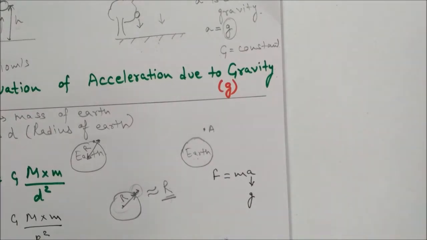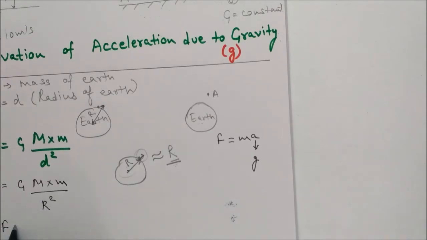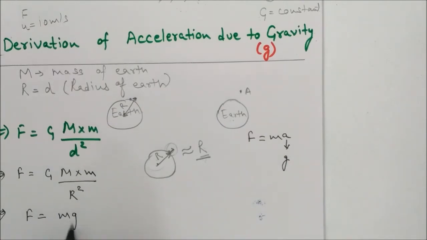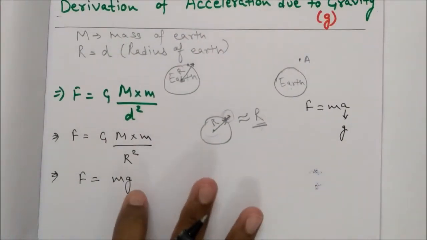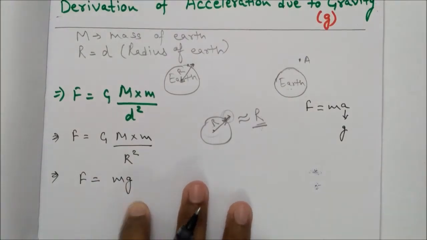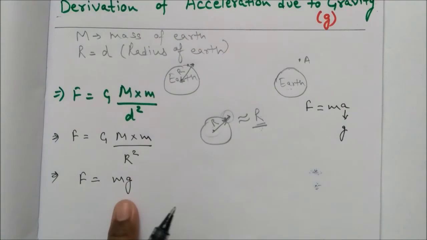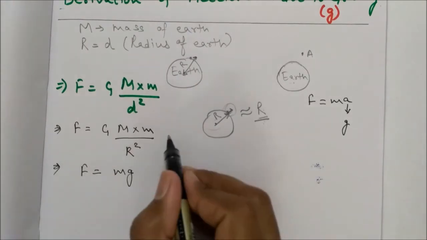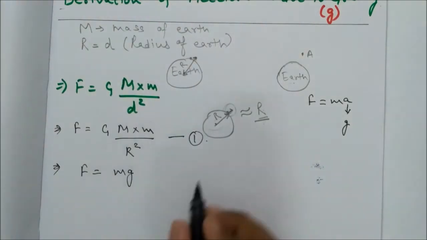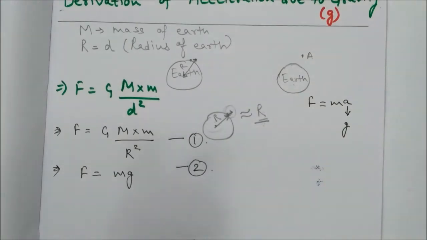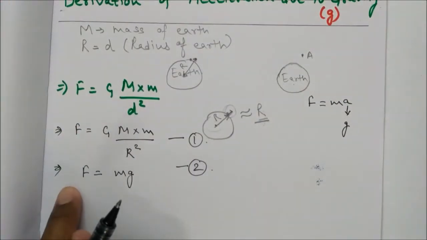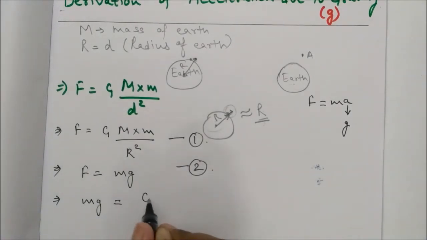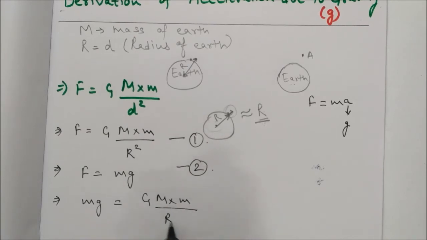So it will reduce into F is equal to, in place of a put g, so it will be mg. This is the case when the force of attraction is due to gravity. Take this as equation number 1 and this as equation number 2. Both are the gravitational force only, so equate them. It will reduce into mg is equal to G M m upon r square.